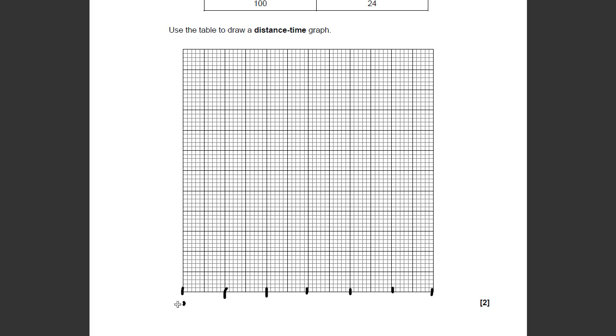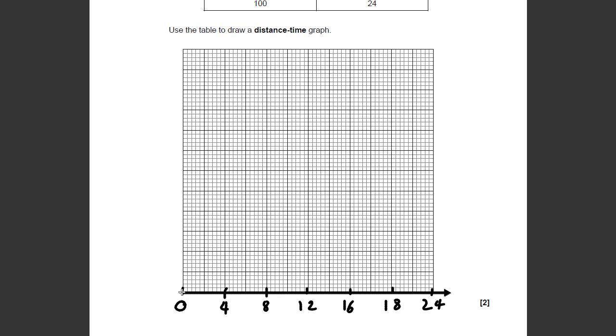Obviously that's 0. So 0, 4, 8, 12, 16, 20, 24. And then up the y-axis side, I'm going to draw the axis. It's going to be a bit sketchy. So I can do it smaller with that line. Yeah, that's alright. There we go.